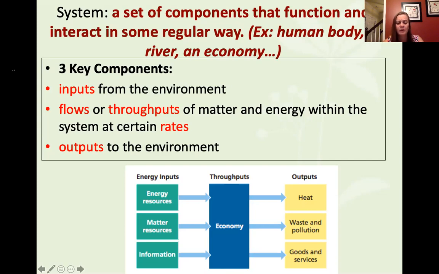If we were to talk about a system like a river, then we would be talking about energy resources from the sun, and energy resources from the animals that live in the river. We would be talking about matter resources, specifically nutrients and macromolecules. Then what would come out of the river would be a different form of energy, and certainly also some waste and pollution.